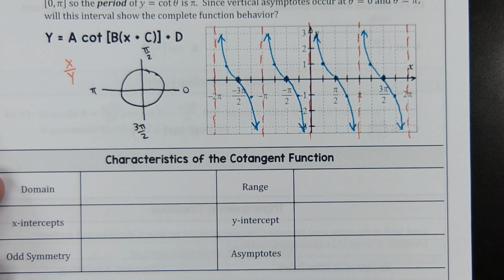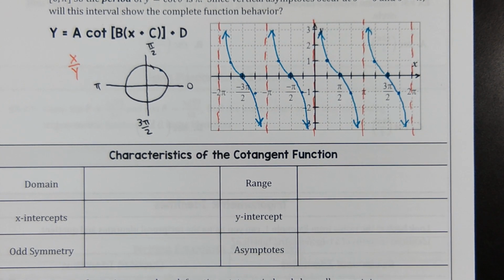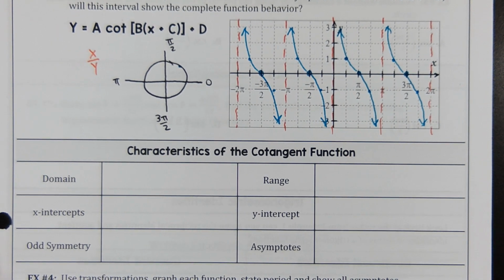Every tangent wave can be, crap, I said wave. Every tangent graph can be written as a cotangent. Every cotangent can be written as a tangent. You just have to shift it and reflect it. We good? Makes sense why it's like that?